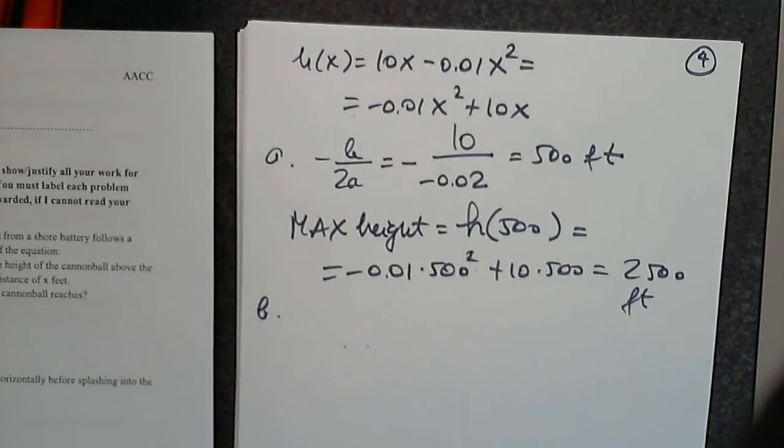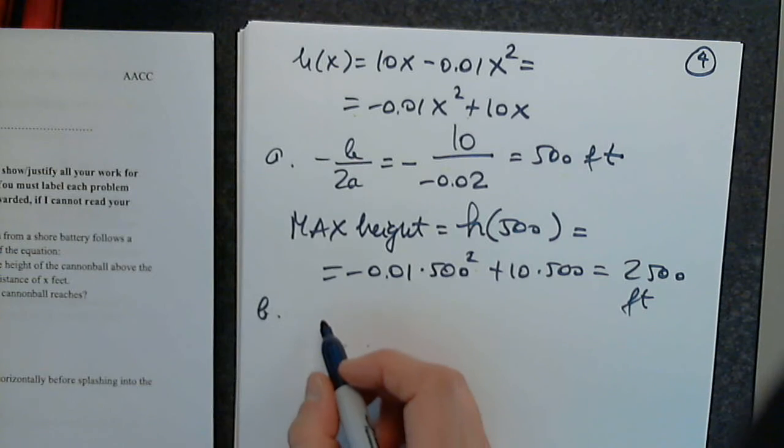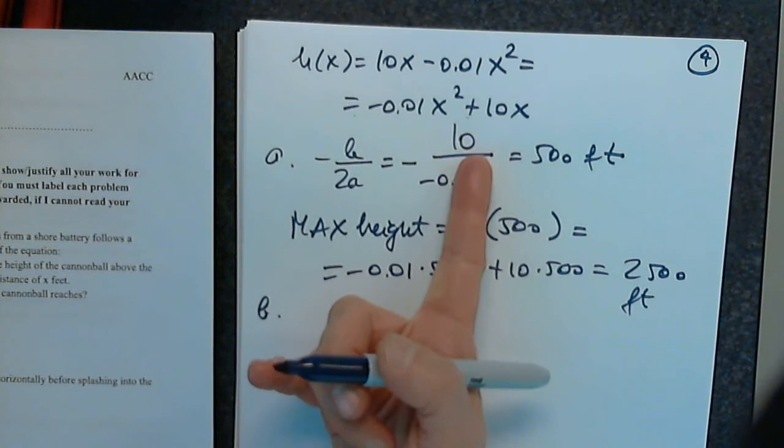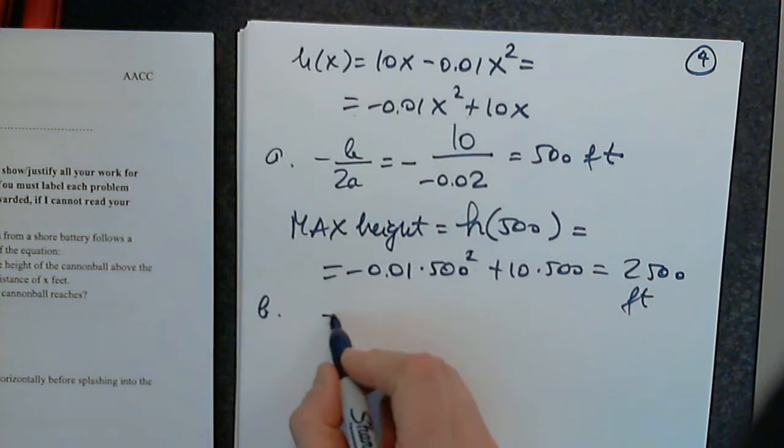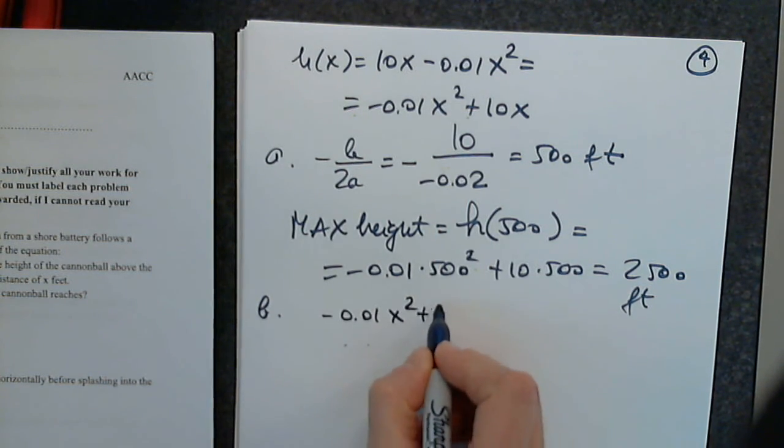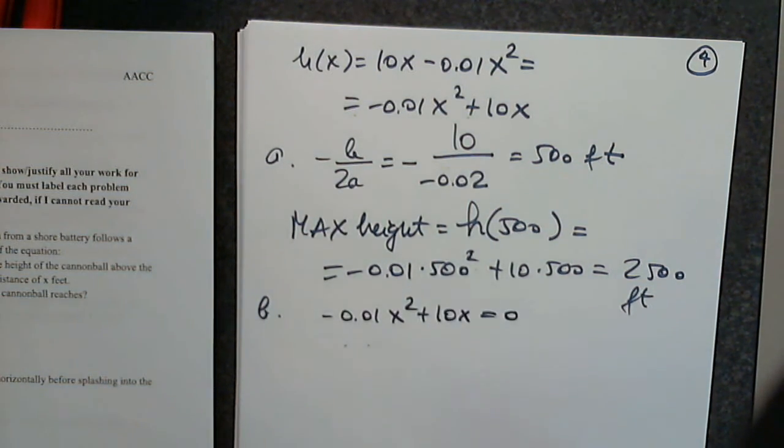Say it again. Use a quadratic. Right. However, this is a much easier situation because the free term is missing. So negative 0.01 x squared plus 10x equals 0.